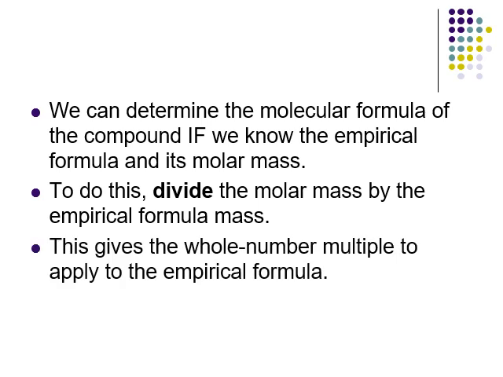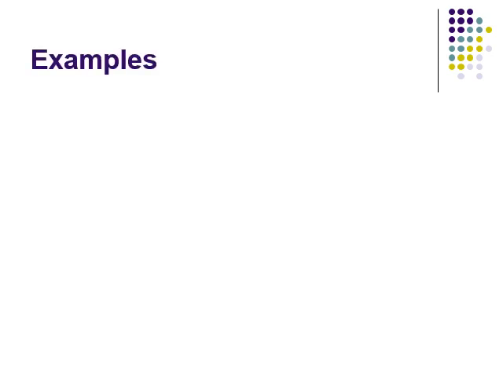When you do that, that should give you a whole number. If you do not get a whole number out of this, double check your work. You probably made a mistake when doing the empirical formula mass. But if you do get a whole number, now take that whole number and multiply all the subscripts by that same whole number. That will give you the actual molecular formula.